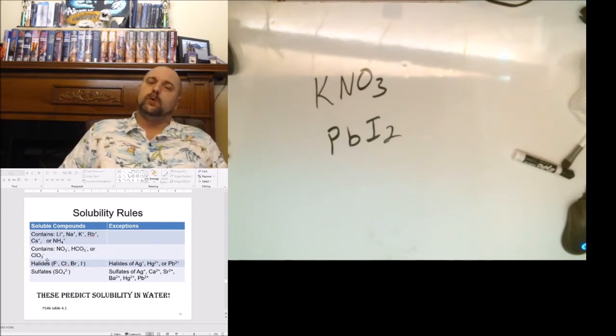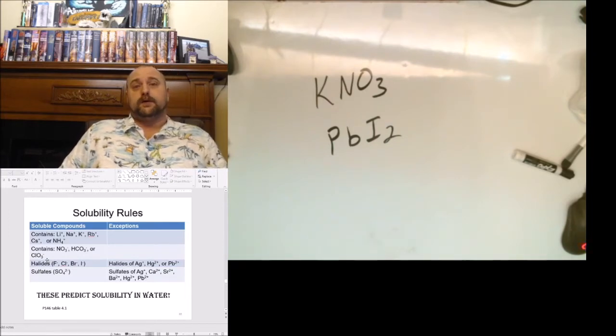So if you find one rule saying a compound is soluble, then you're not going to find another rule that says, oh wait, it's not soluble. So all you've got to do is find one rule that applies, and you know that compound. This means there'll be some compounds that these rules don't cover, and we just can't make a prediction on those. You can go to further resources to find those, but I just won't hit you with that on the test.